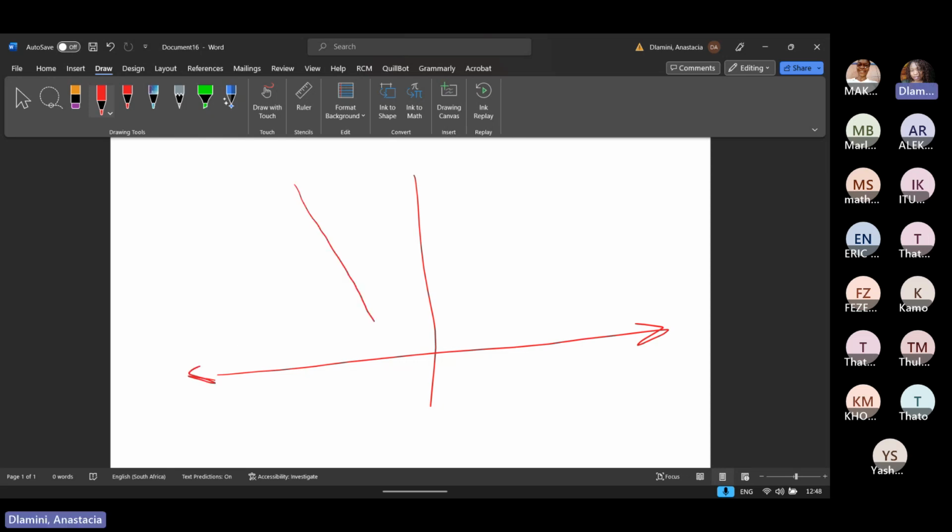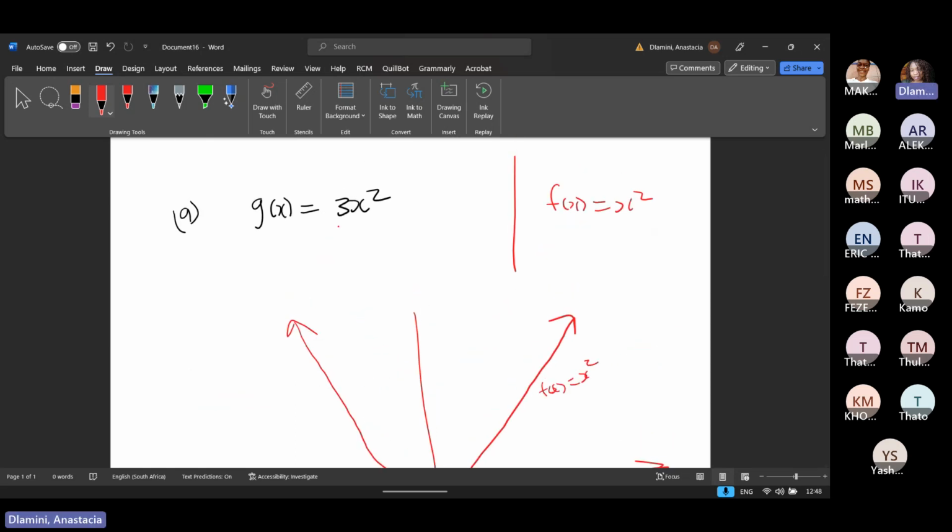This is our parent function, f of x equals x squared. Did we vertically stretch it, or did we vertically shrink it? Guys? It's shrink, I think.